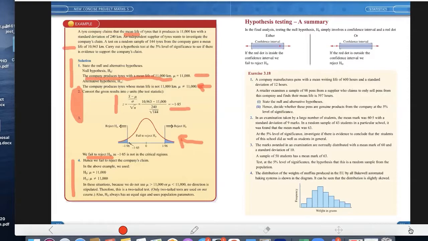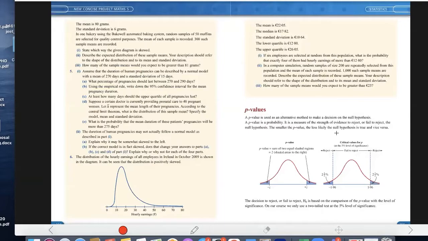And then finally, I want to get on to p-values, which is the final thing that can typically be asked towards the end of a question. You'd see a little p-value question. A p-value is used as an alternative method to make a decision on the null hypothesis. It's a probability value, a measure of the strength of evidence to reject or fail to reject the null hypothesis.